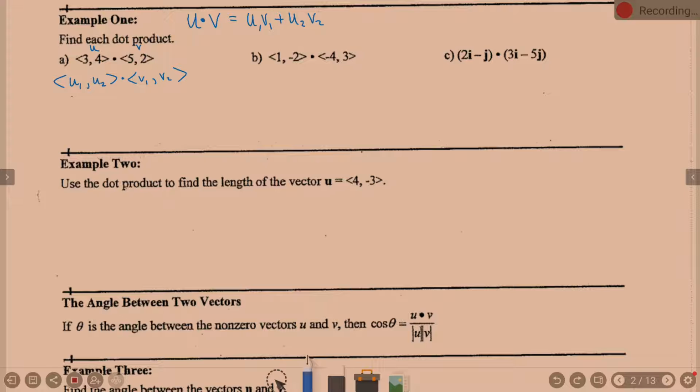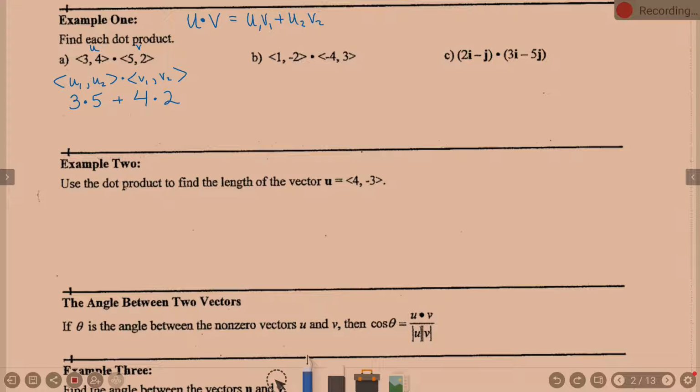Three and 5, thank you. So it's going to be 3 times 5 plus u2 v2. u2 v2 are going to be the second number in each vector, so 4 times 2.